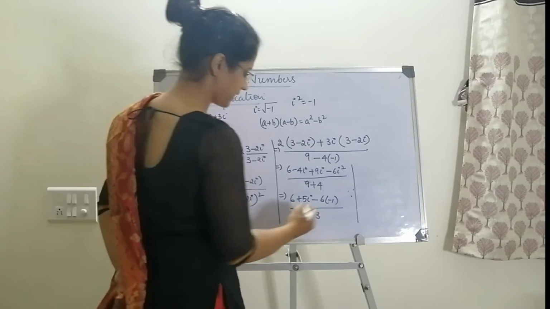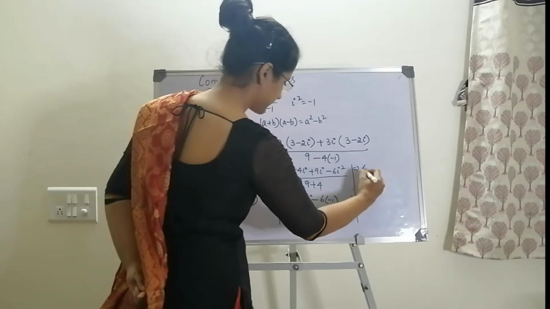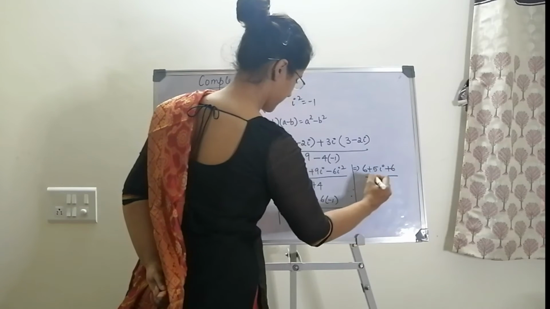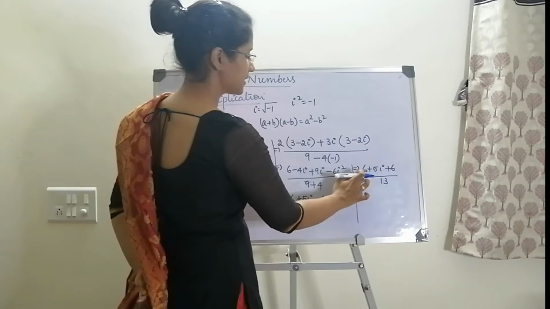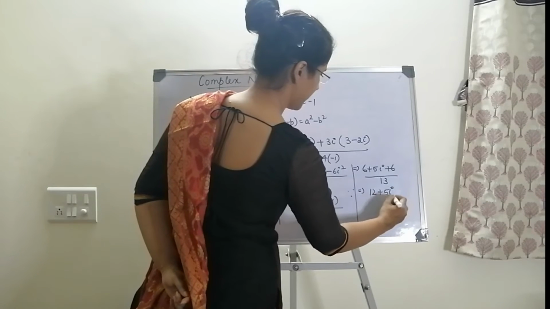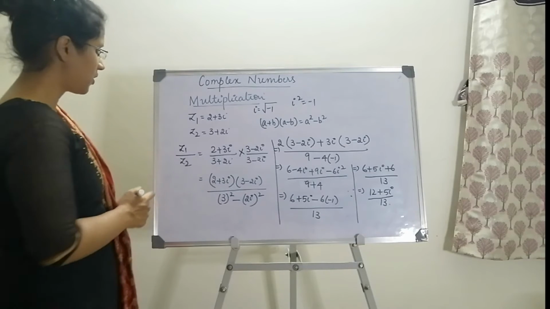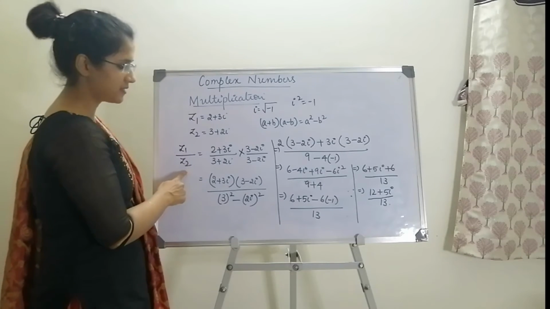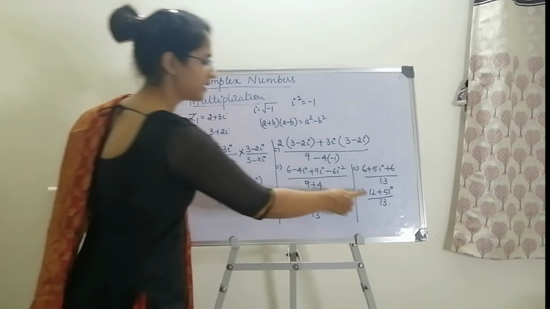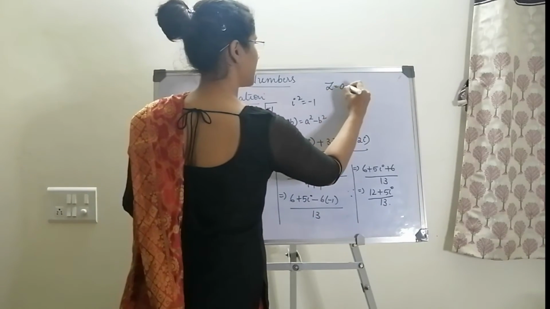If I simplify this further, what will I get? 6 plus 5i plus 6 divided by 13. Now 6 and 6 give me 12 plus 5i divided by 13. So my final answer for Z1 divided by Z2 is (12 plus 5i) divided by 13. But does it resemble the form Z is equal to a plus ib?